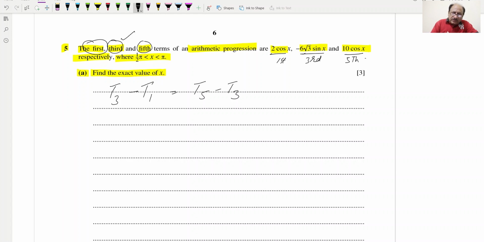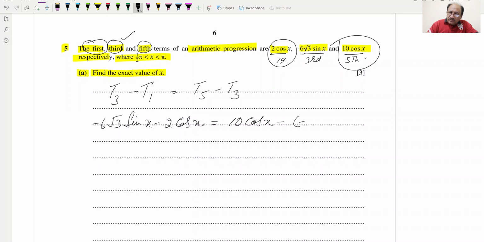So we can replace these values. So it will be minus 6 under root 3 sine x minus t1, which is this one. So it will be 2 cos x is equal to t5, which is this one. So 10 cos x minus third term, which is minus 6 under root 3 sine x.